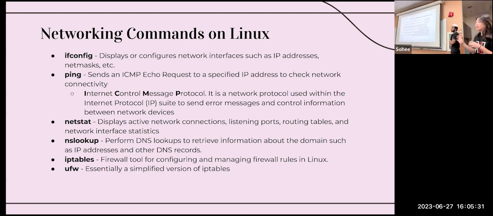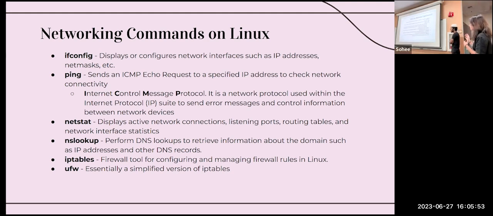You can type that in your Kali machine and it will display your network interface information, like your private IP address and your network interface card, just very basic information about your network. And then ping. So this is basically what it does.